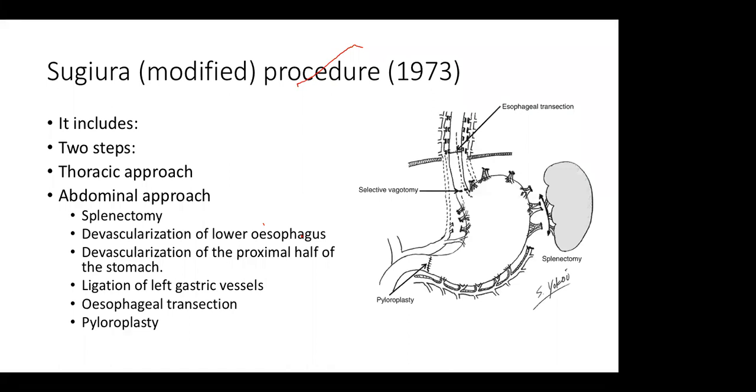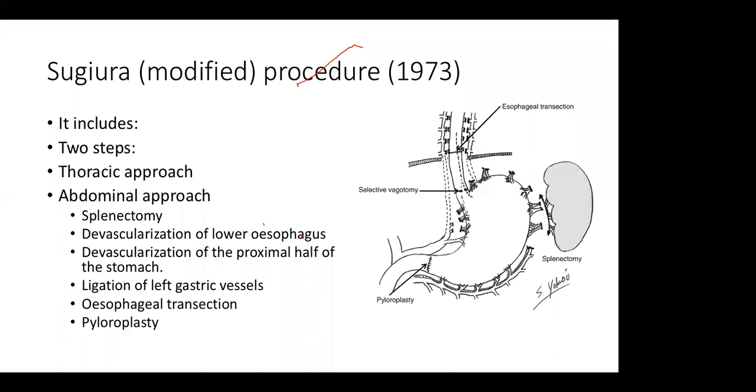After 4 weeks, for example, we go for another abdominal approach with a laparotomy, followed by splenectomy, to complete the devascularization of the lower esophagus and the proximal half of the stomach with ligation of the left gastric vessels, and esophageal transection through a small gastrotomy tube and then a stapler.